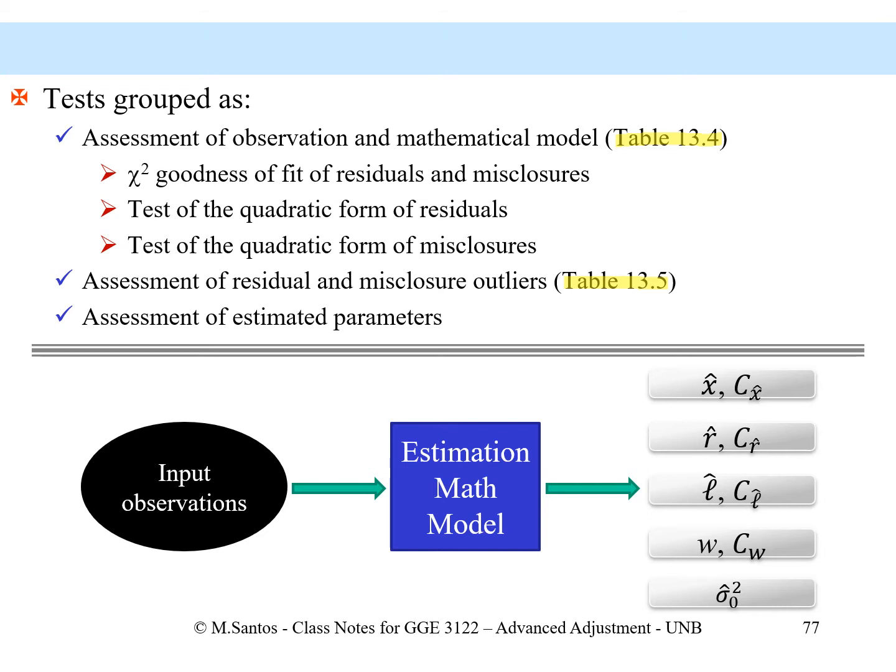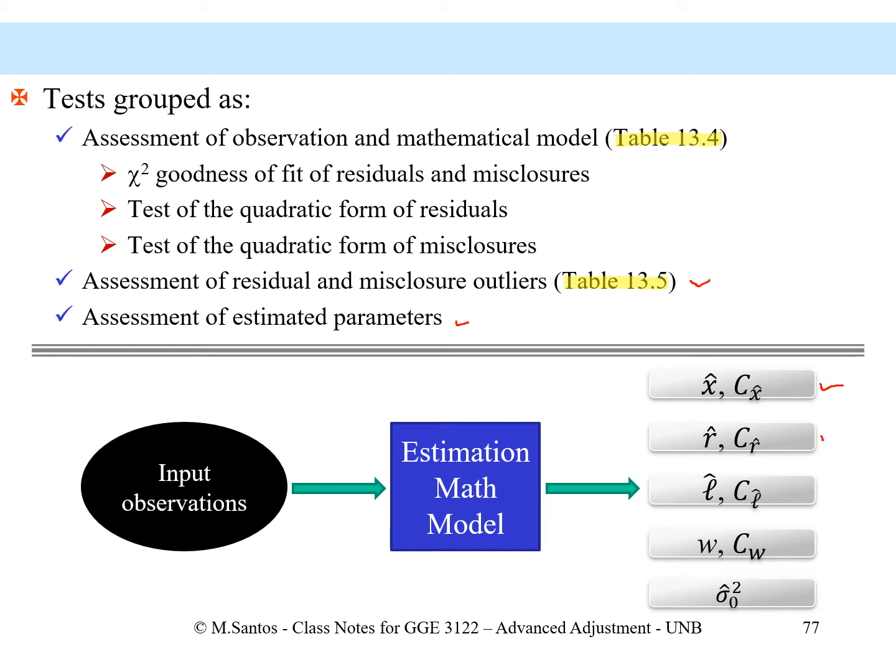So our parameters and their covariance matrices are a result of both the input observations and the mathematical model. So we can have the assessment of estimated parameters, here denoted as x hat, and their covariance matrix, Cx hat, and the assessment of residuals and misclosure outliers.